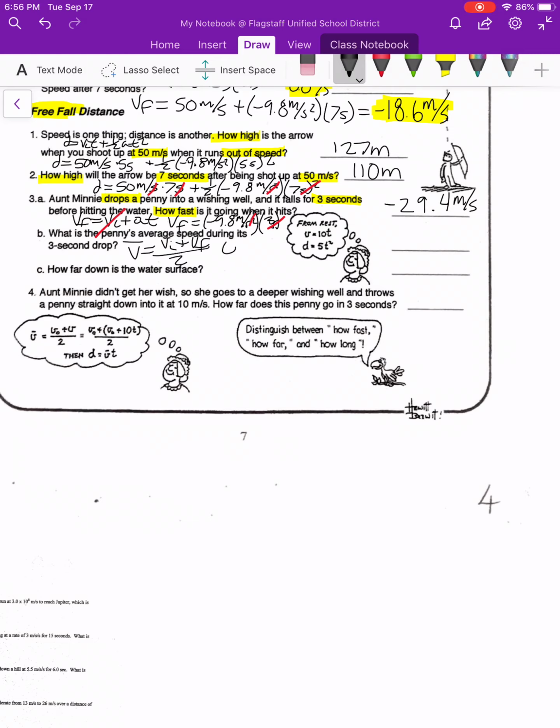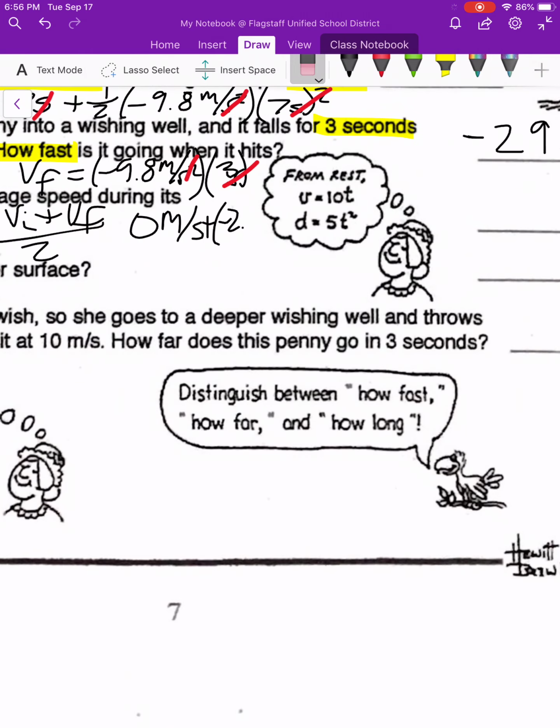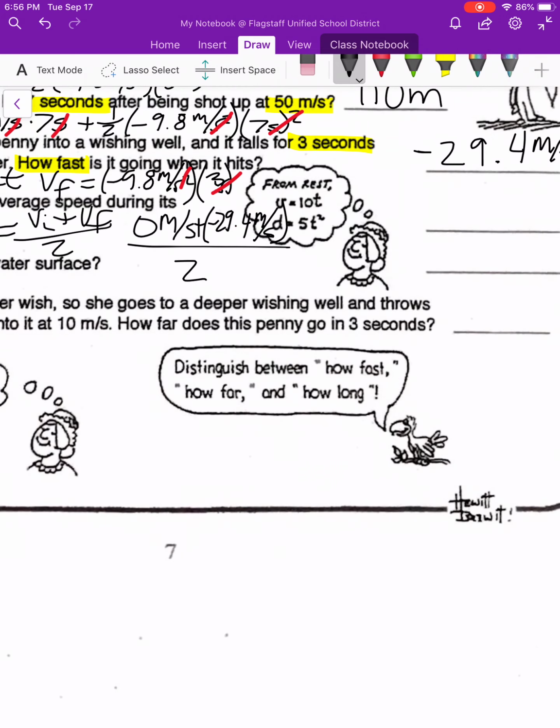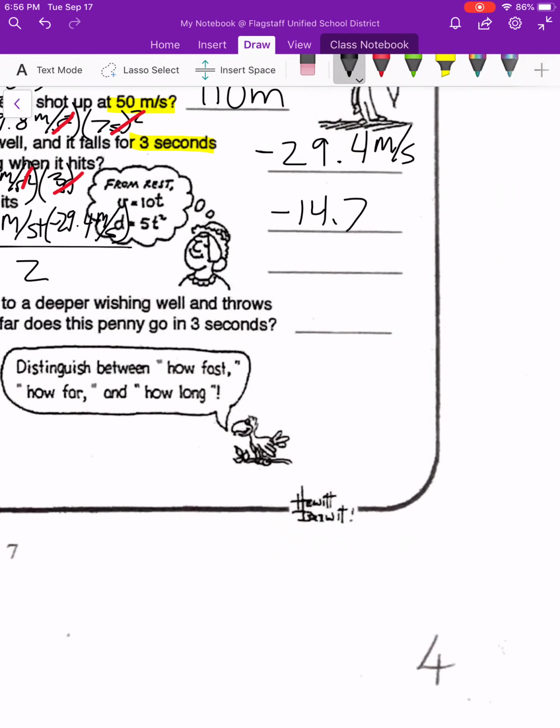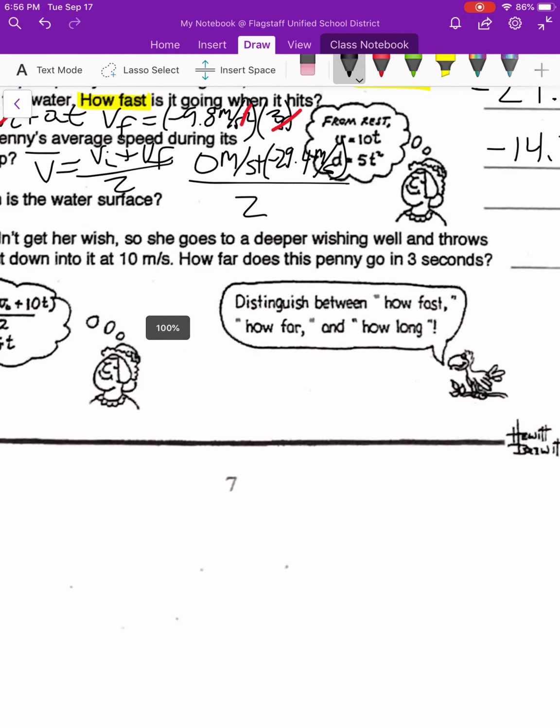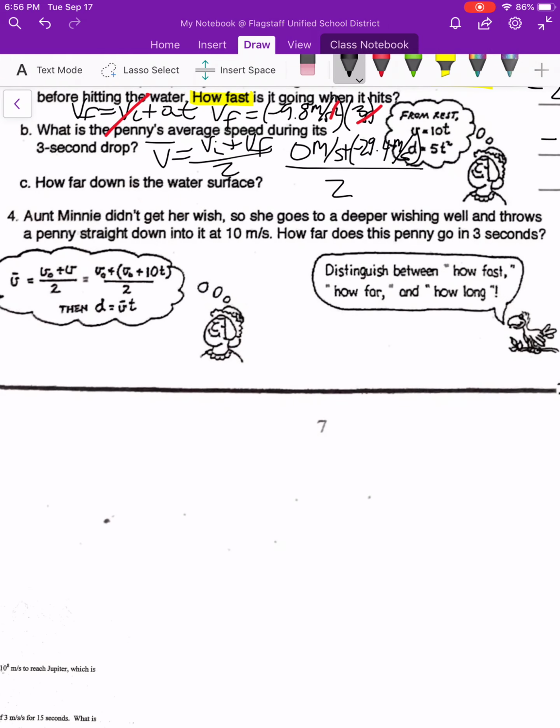So this is 0 meters per second, excuse me, plus that negative 29.4 meters per second, divided by 2, that gives me about negative 14.7 meters per second. Perfect.